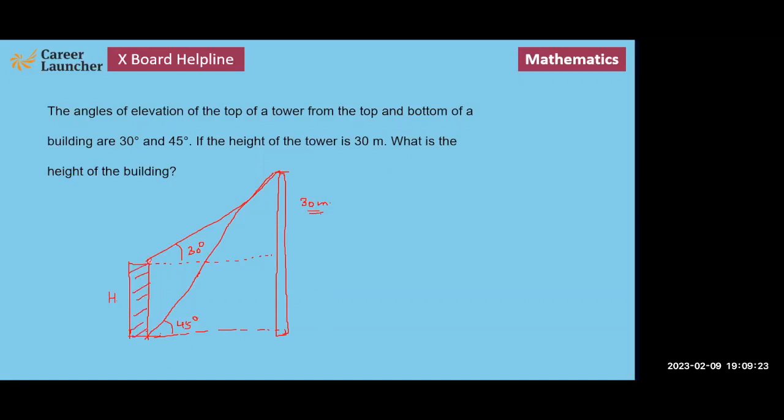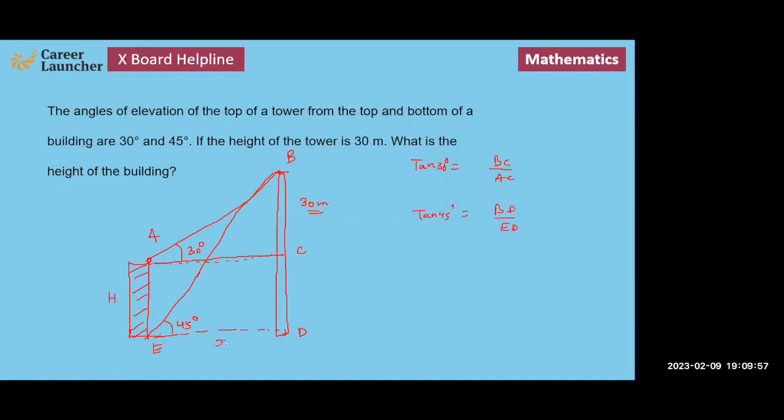Okay, so let me call these A, B, C, D, and E. So if I consider this, tan 30 degrees is equal to BC by AC, and we know that tan 45 degrees is equal to BD by ED. Right?